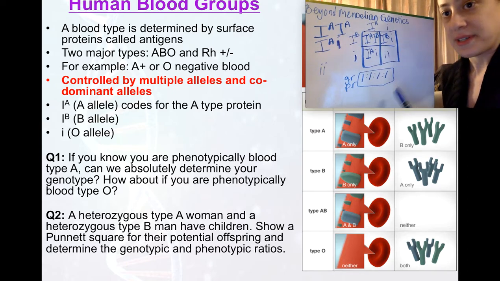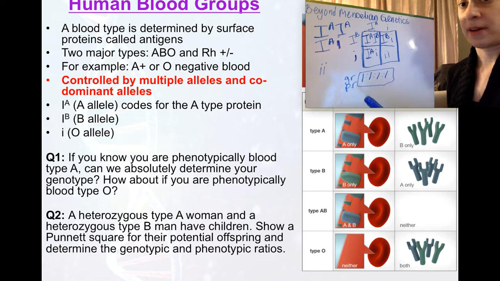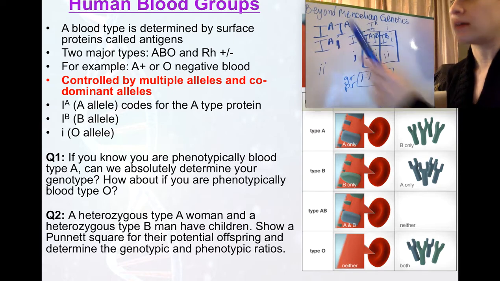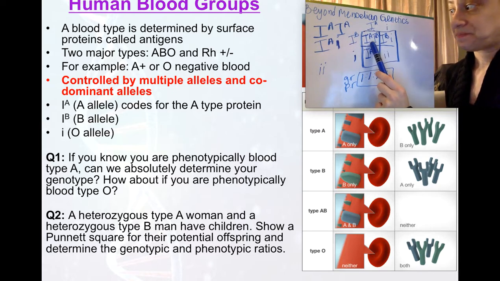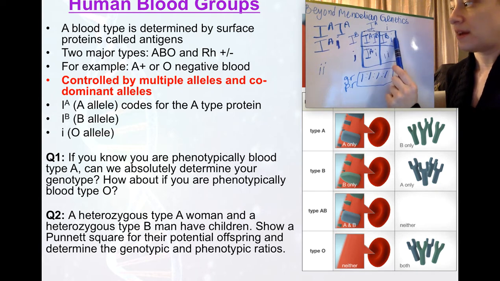Now what's interesting is that the genotypic and phenotypic ratios are the same, and they're both 1 to 1 to 1 to 1. Now how do we get that? So here, the genotypes I A I B, then I B i, then I A i, then lowercase i i.